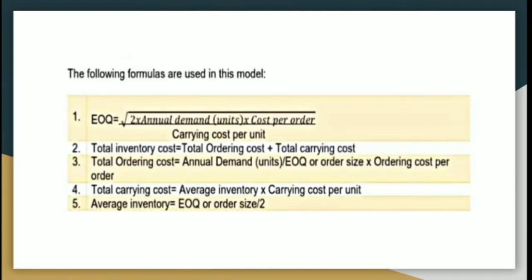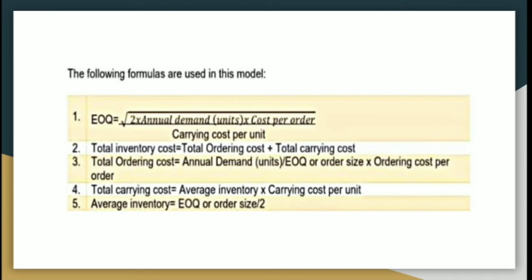Next, these are the formulas that we use in this model. What is our model again? That is the economic order quantity, or EOQ. So first we have EOQ equals the square root of 2 times annual demand or units multiplied by cost per order, all over carrying cost per unit. Second, we have total inventory cost equals total ordering cost plus total carrying cost.